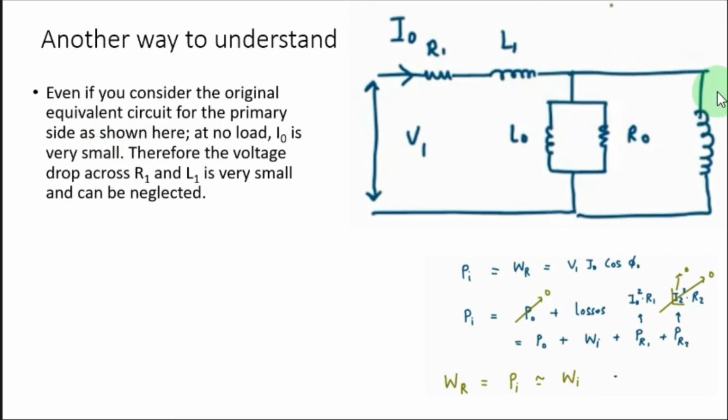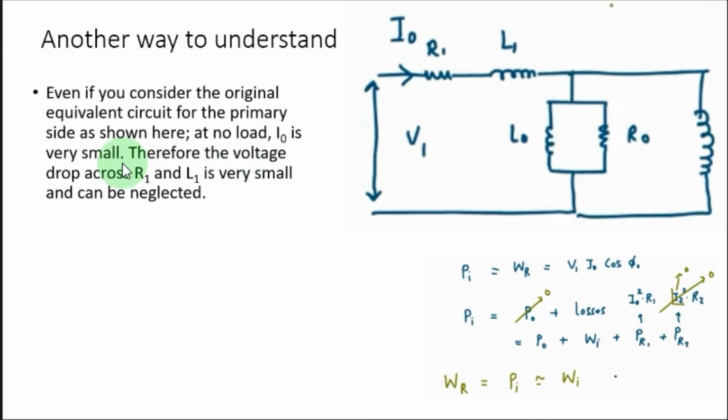When there is no load on the secondary side, this I naught is a very small value, just to magnetize the core, right? And to represent the eddy current and hysteresis loss, we are using R naught.